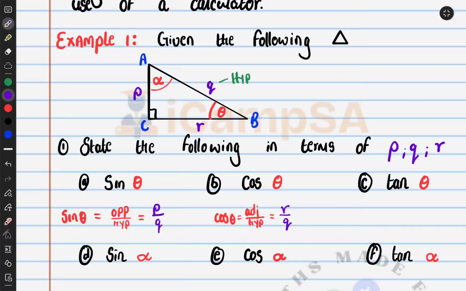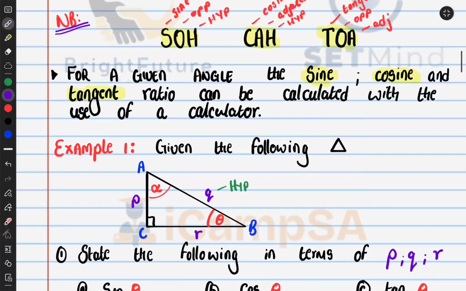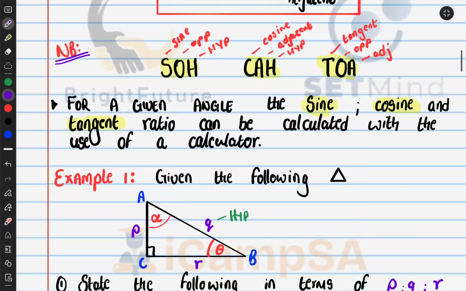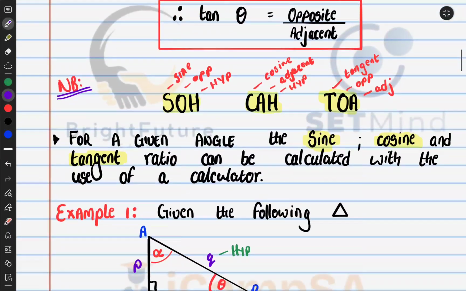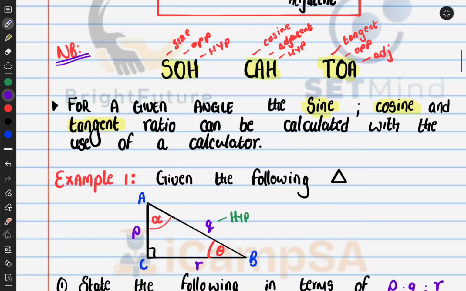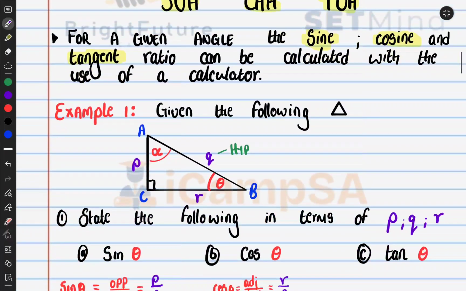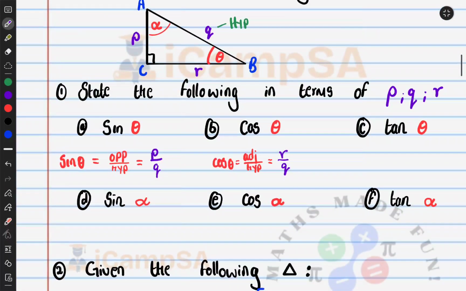And then next we have tan theta. What is the ratio of tan theta? When we're looking at the tangent, the ratio is the opposite over the adjacent. So tan theta is going to be opposite over adjacent.